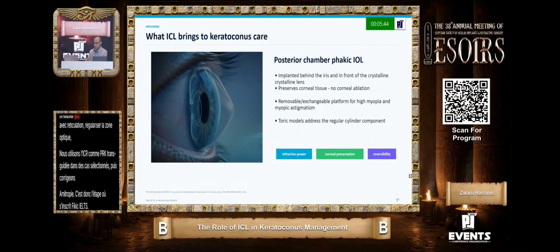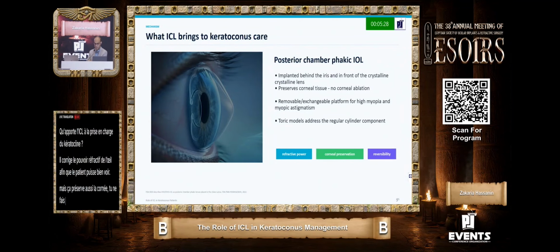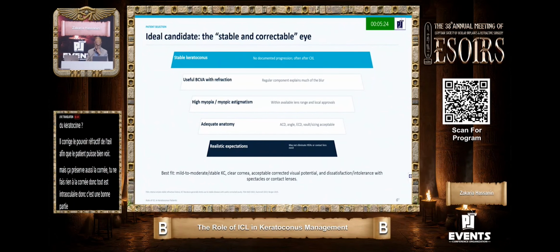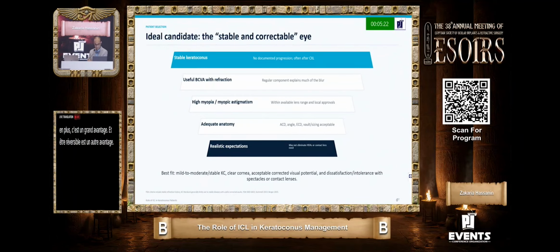What does ICL bring to keratoconus care? It corrects the refractive power of the eye, so the patient can see well, but it also preserves the cornea. You're not doing anything to the cornea, everything is intraocular, so that's a good point as well. That's a great advantage. And being reversible is another advantage. Ideal candidates are those with a stable, correctable eye.